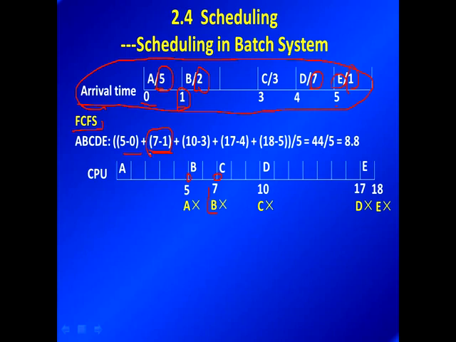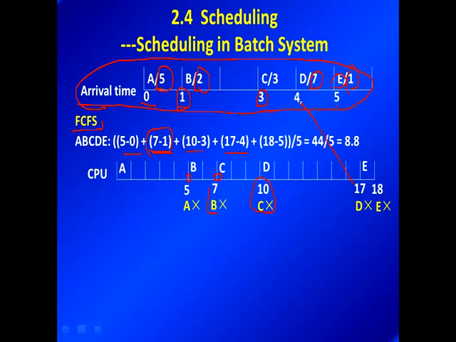And the same way you can see for job C, its completion time is 10. So C exits at time 10 and it arrives at the system at time 3. So the turnaround time for C should be 10 minus 3. And you can get the turnaround time for job D should be 17 minus 4.